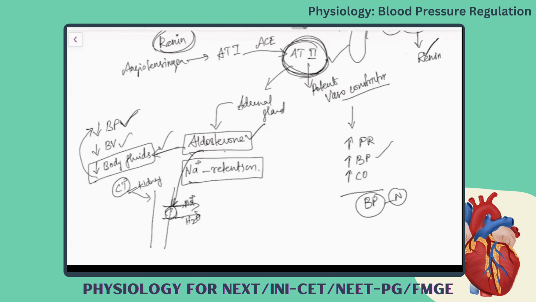So aldosterone is going to add to the retention of sodium. Sodium will not always move in a single way. Either it will function as a co-transporter or a counter-transporter. In the majority of cases, if sodium is moving, it will bring water along with it.